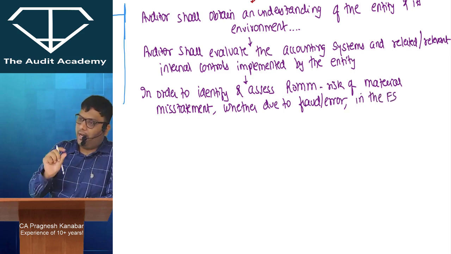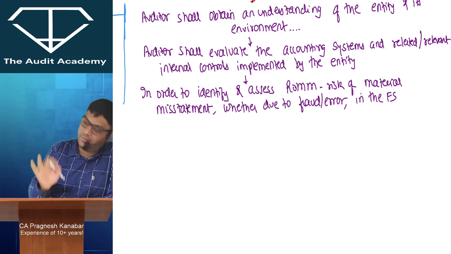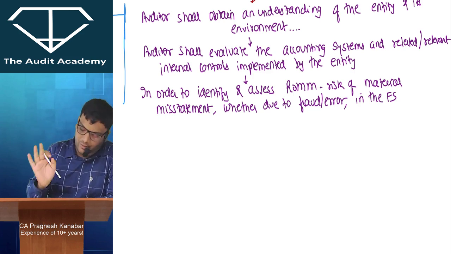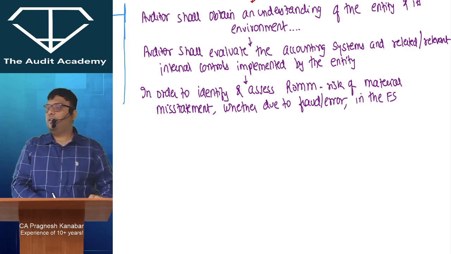Whenever you write ROMM, you should always add this suffix. You should always write this: whether due to fraud or error. Never miss out on this line. In order to identify and assess ROMM, whether due to fraud or error in the financial statements.